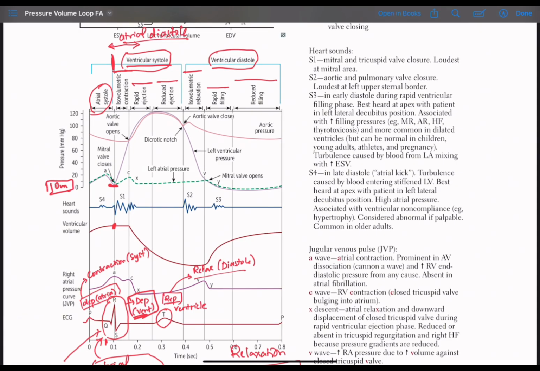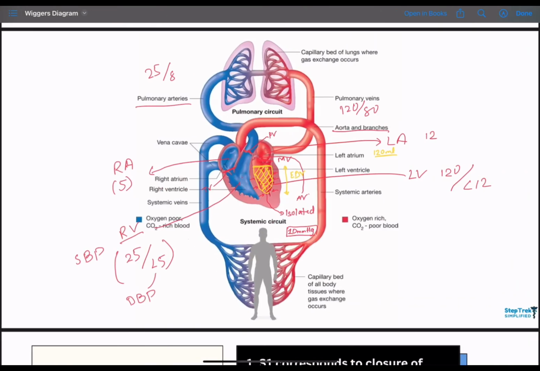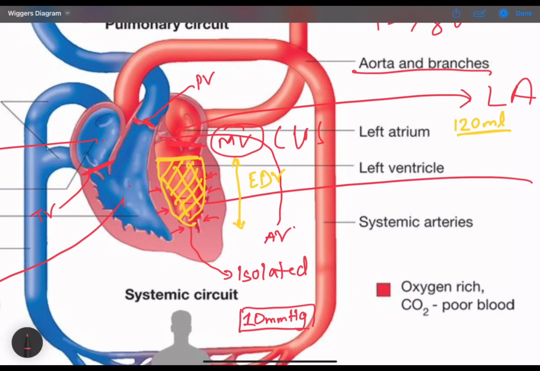Now the pressure within the left atrium is 12. So when the pressure of the left ventricle goes above 12, the mitral valve will close. When the left ventricle starts to contract, the pressure within it starts to rise, and when it reaches above 12 mm of Hg, we have the closure of the mitral valve, which produces the S1 sound.